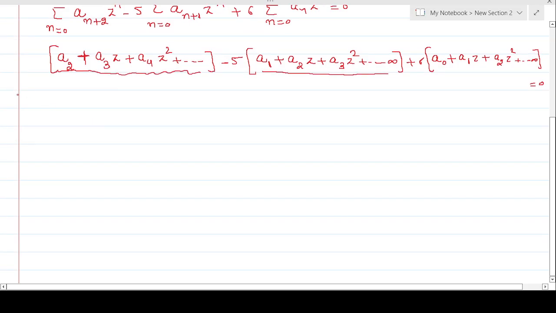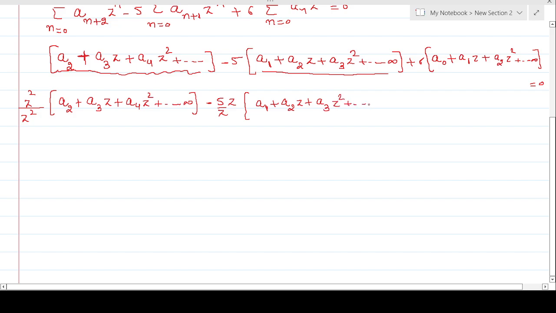in the first term z square is missing, so we divide it by z square and multiply it with z square. Here it is A2 plus A3z plus A4 z square and so on, minus, multiplied with z and divided with z, A1 plus A2z plus A3z square and so on.